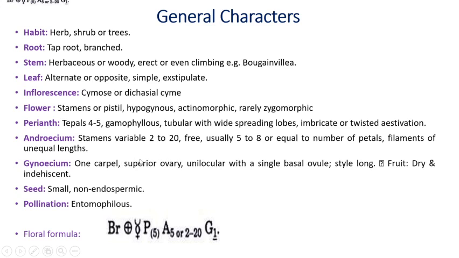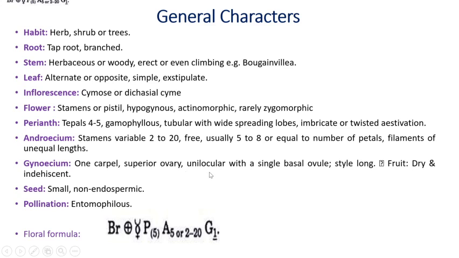That ovary is called superior ovary and that flower is called hypogynous. Hypo means below. Gynous means gynoecium. That means from the base of the ovary or gynoecium, other floral individuals arise. That is why there is the word superior ovary.